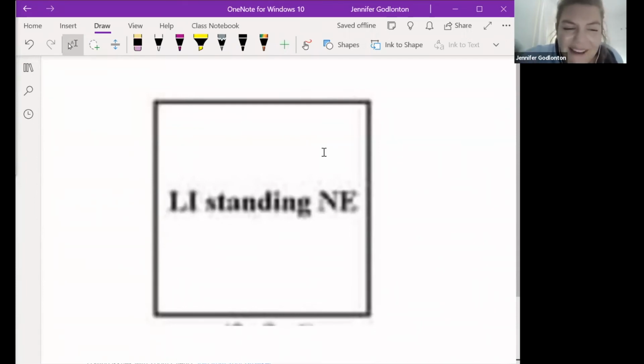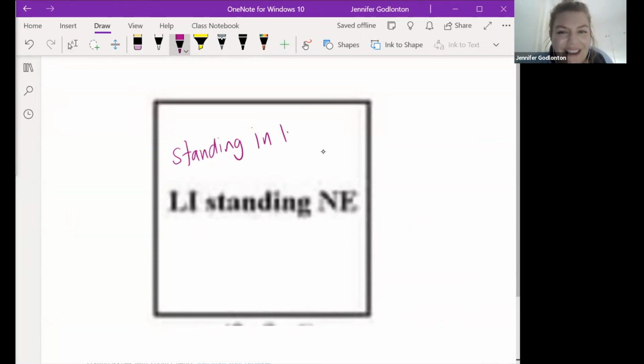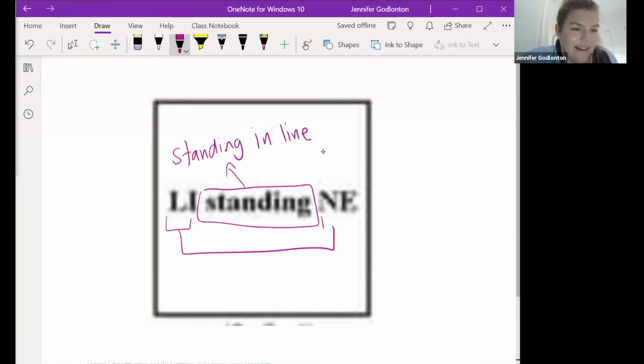There we go. Hannah got it, exactly what I was looking for, because there wasn't really a chilling here, but it is definitely standing in line. So if we have a look, the word standing is inside the word line, standing in line.